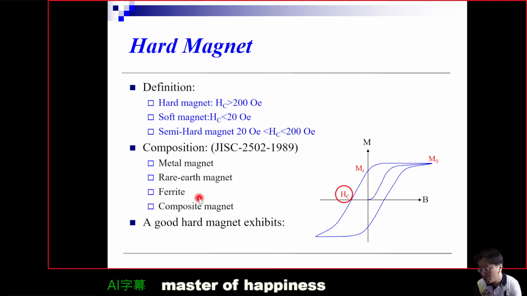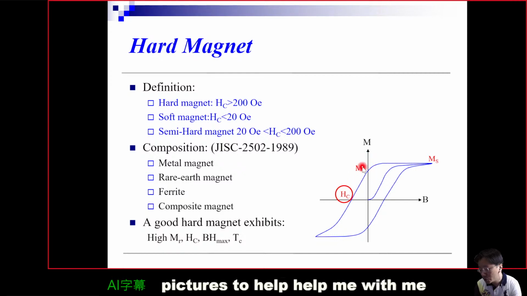So based on this we call the BH or MH curve. A good hard magnet exhibits some features. We need to have the high Mr, which means a high remanence or reduced magnetization.